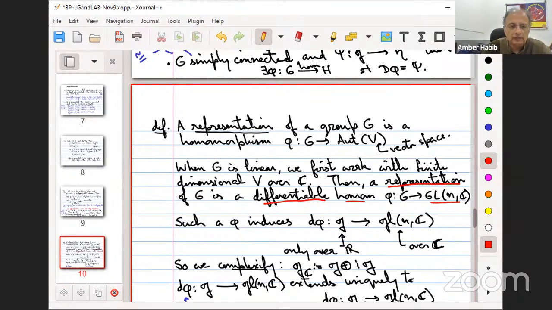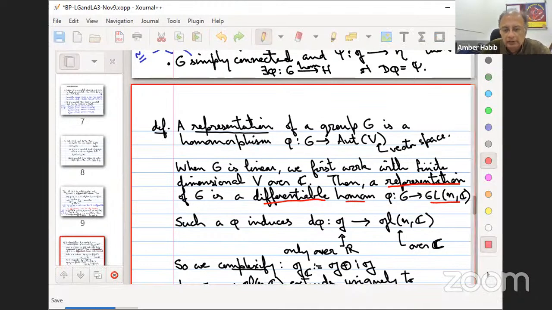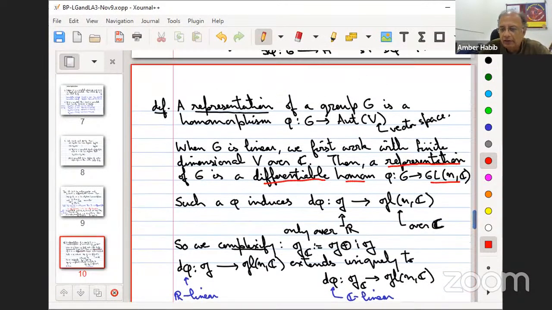The only issue is there's a little bit of a mismatch, because when you start with a matrix group and create its Lie algebra, that is a real vector space. But for the representation on the right-hand side, I want to work over C. So the original linear algebra that we had, which was real, we convert to a vector space over complex numbers. You just expand it and make it a vector space over complex numbers, and then you work with that.